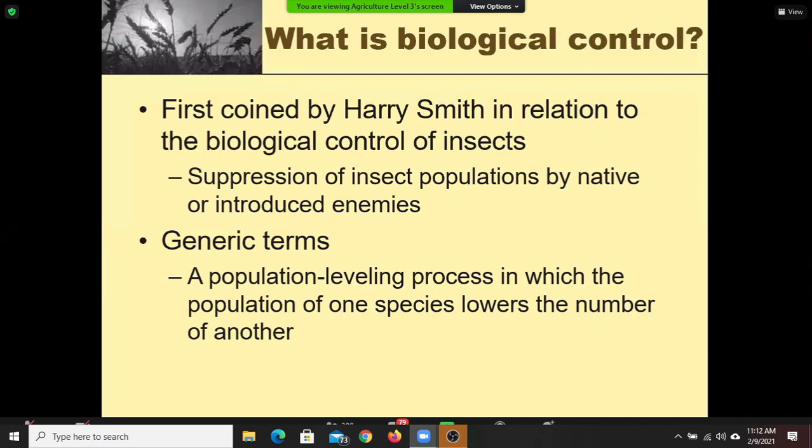We can exploit those beneficial microorganisms to control the harmful microorganism. So this is what we call biocontrol, and there are beneficial fungi, beneficial bacteria, beneficial nematode, and beneficial insect as well. So we can exploit these beneficial microorganisms to control or manage the harmful microorganism, the group we call pathogen or pest.